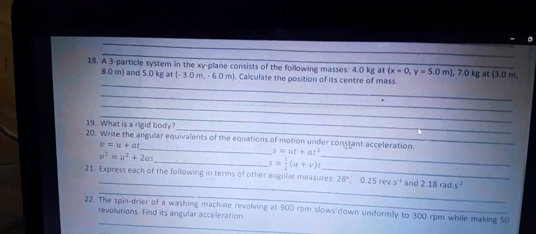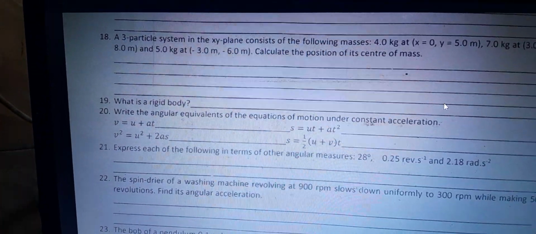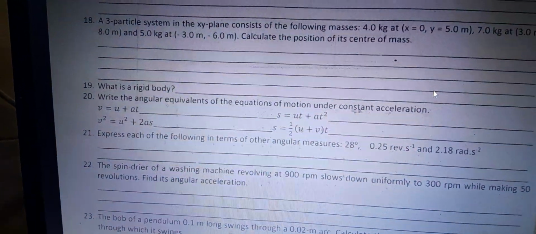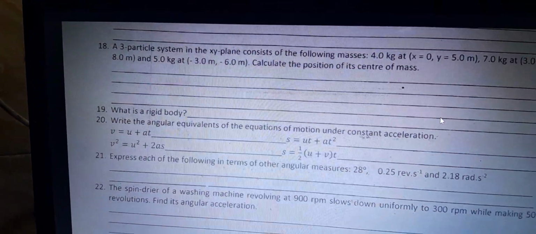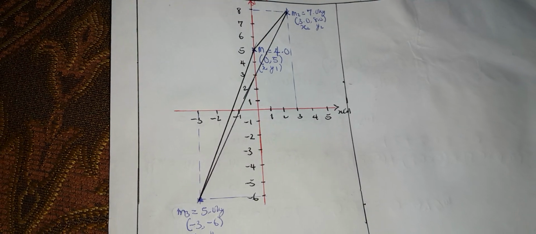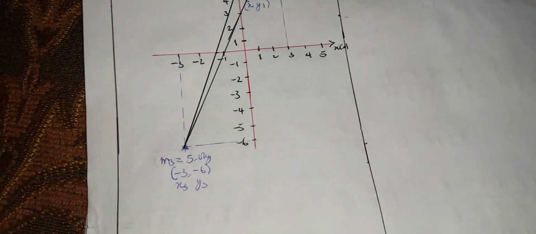Right, this question too is in that same format. So I will just draw the diagram and then explain from the diagram that I've drawn. The graph will look like this, actually not drawn to scale. And then we're asked to calculate the center of mass. The same way we solved question 17, that's how we're going to solve question 18.